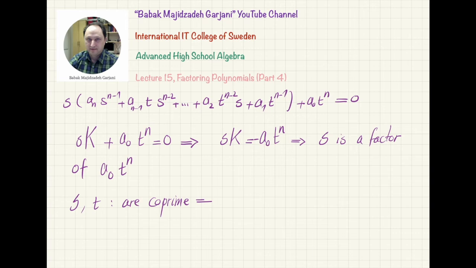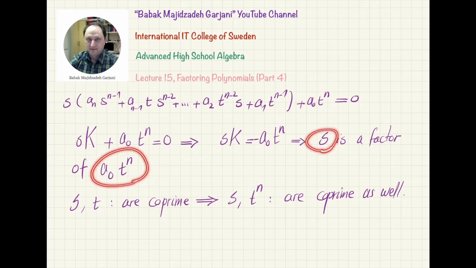Then immediately you can see that S and T to power n are also coprime. So it means that there is no common factor between S and T to power n. So S, that is a factor of this, cannot be a factor of Tn, so it has to be a factor of A0.